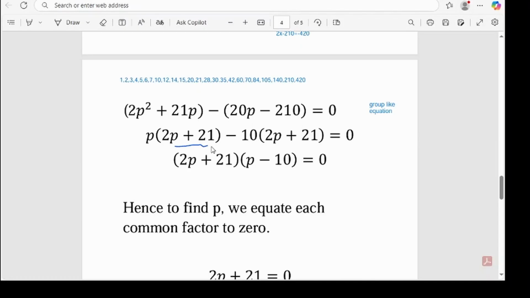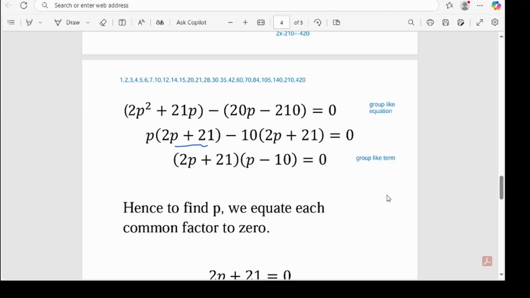So you get 2p plus 21 in brackets multiplying p minus 10 in brackets equals 0. So we finally group the like terms: 2p plus 21 multiplying p minus 10 is equal to 0.